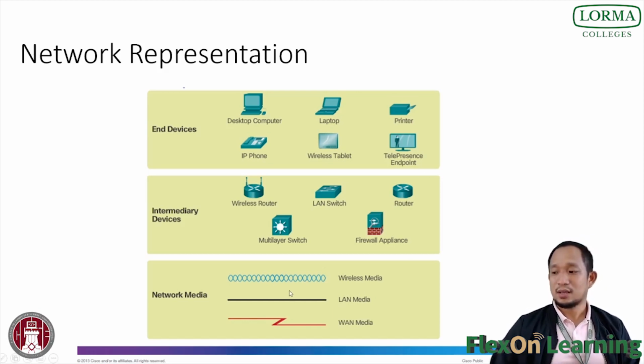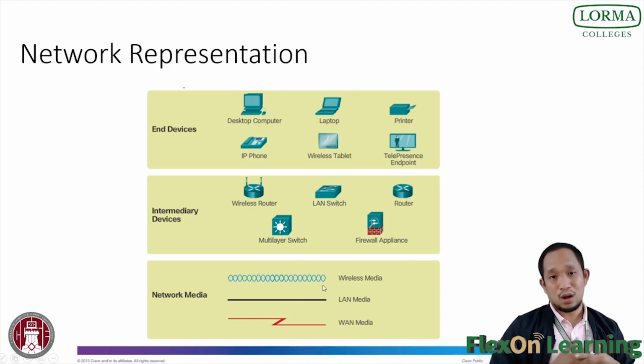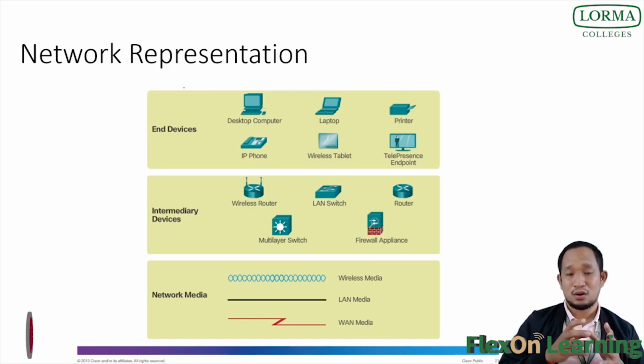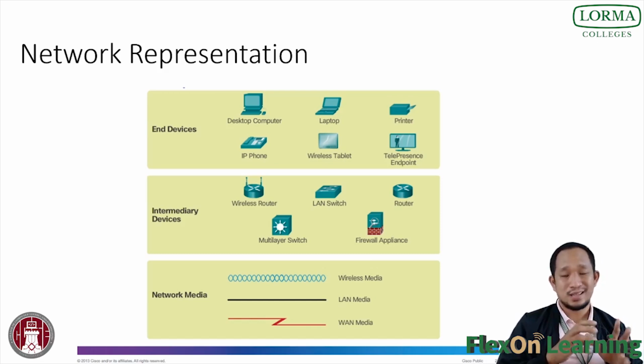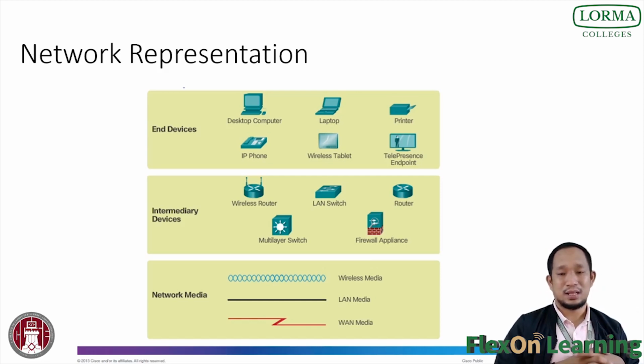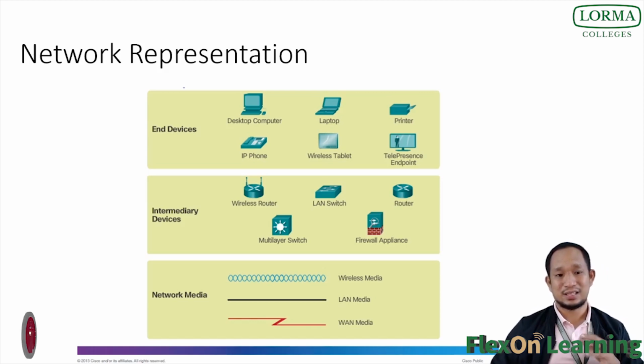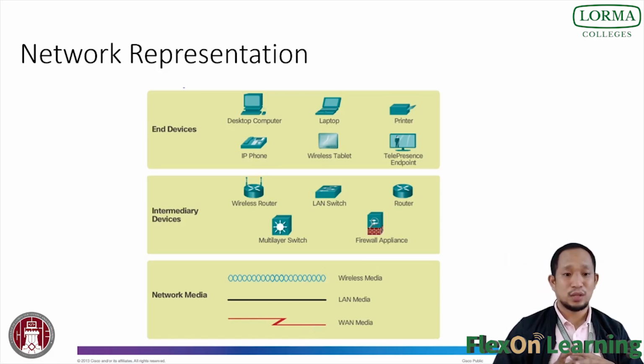This is our wireless media, meaning in Packet Tracer, there are connections from one wireless router to, let's say, a laptop through wireless media. Another one is our LAN, the straight line, that's copper, and our wide area network media. So these are the things that we're going to utilize in our Packet Tracer.